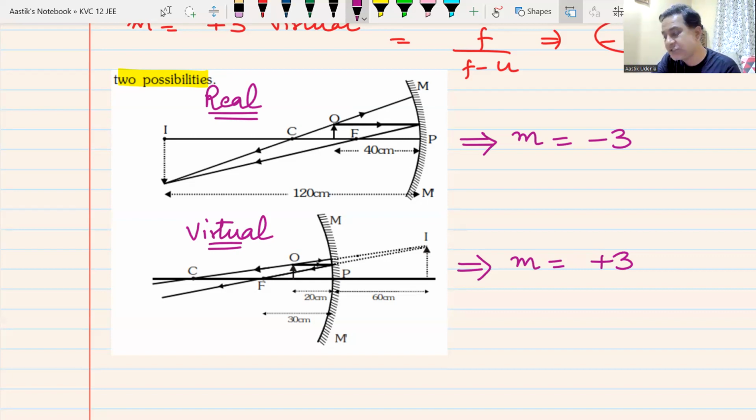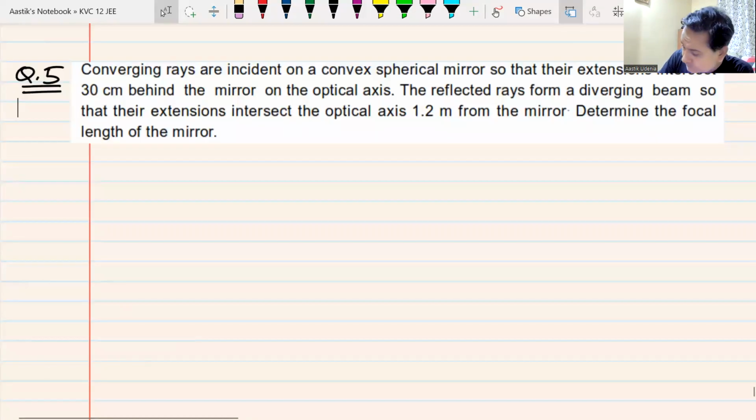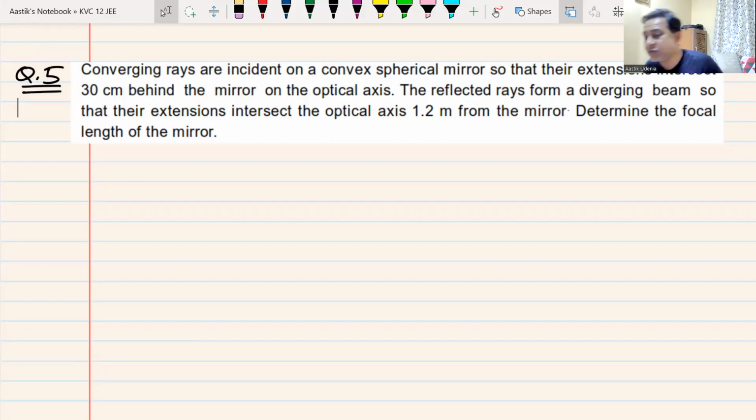And this is the next question. Again, making you understand some concept. Question number 5. Look at the language, and this is the question.